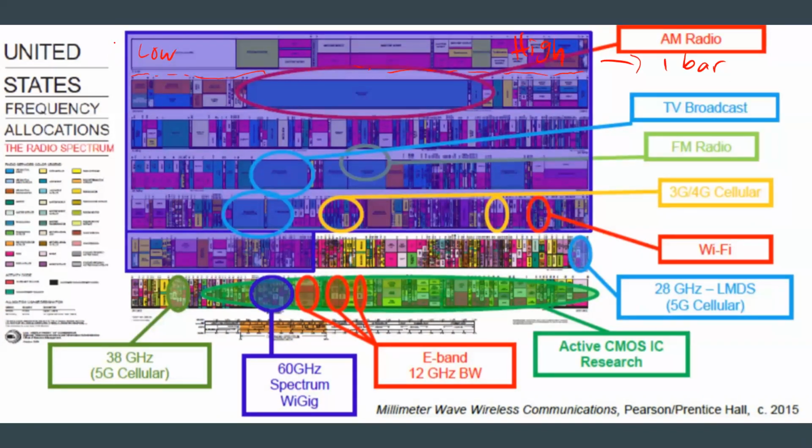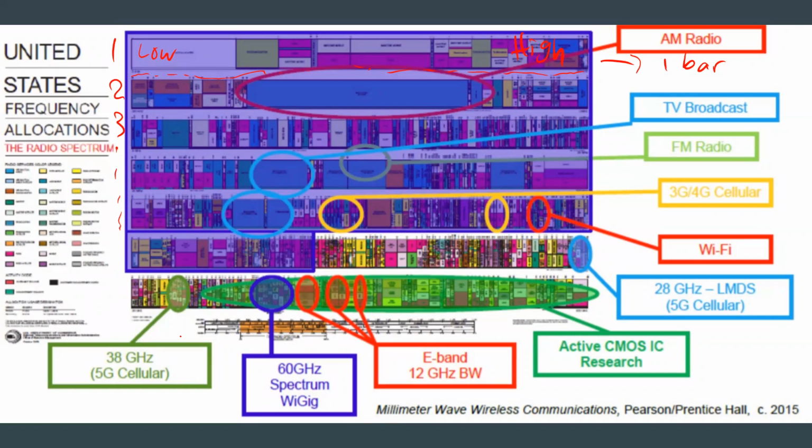So this is, for example, the first bar, second bar, third bar, and so on. And we can see here that the radio is used in low frequency and also the TV broadcast. While, for example, cellular technologies like 3G or 4G are being used in slightly higher frequencies, and also Wi-Fi, for example, 2.4 gigahertz.